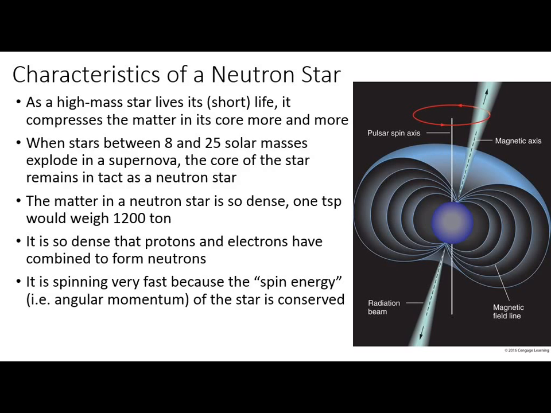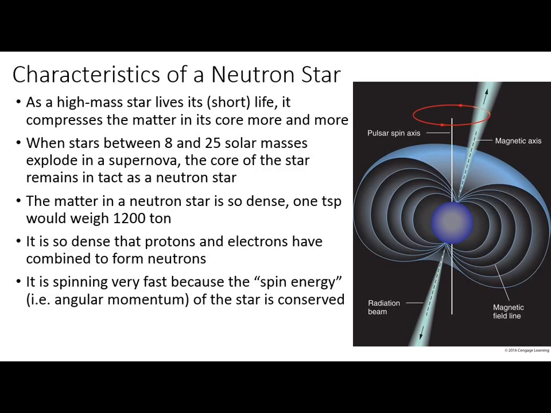So a neutron star, you might pick up, well, I know what, let's see, proton, neutron. I know what a neutron is, right? Neutron in the center of an atom, right? So here's the deal. What happens basically is there's so much gravity near the end of the life of that star. There at the end, when it goes supernova, the protons and the electrons of the atom squish together and they form neutrons.